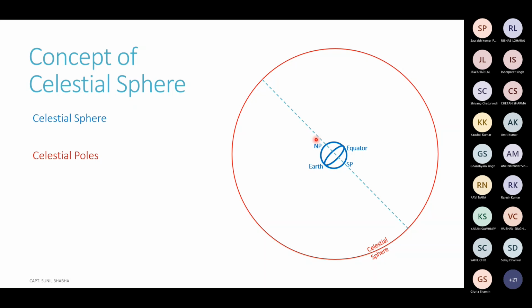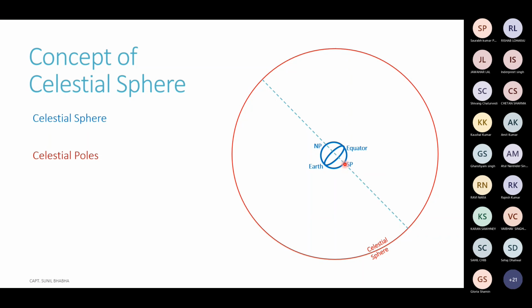So you can see this dotted line. This dotted line basically represents the axis around which the Earth rotates. The points at which it cuts the Earth's surface are the North Pole and the South Pole. They are already marked in the diagram.